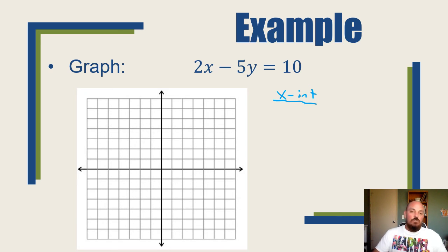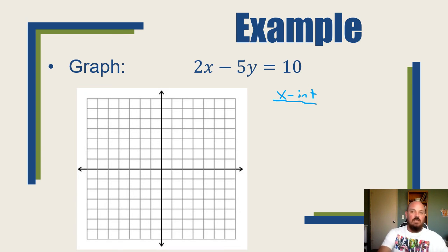Now the x-intercept is when y equals 0. But here's the trick. When y equals 0, it doesn't really matter what number is in front of it. If I have a negative 5y, negative 5 times 0 is still 0. And 0 is nothing, it just disappears.